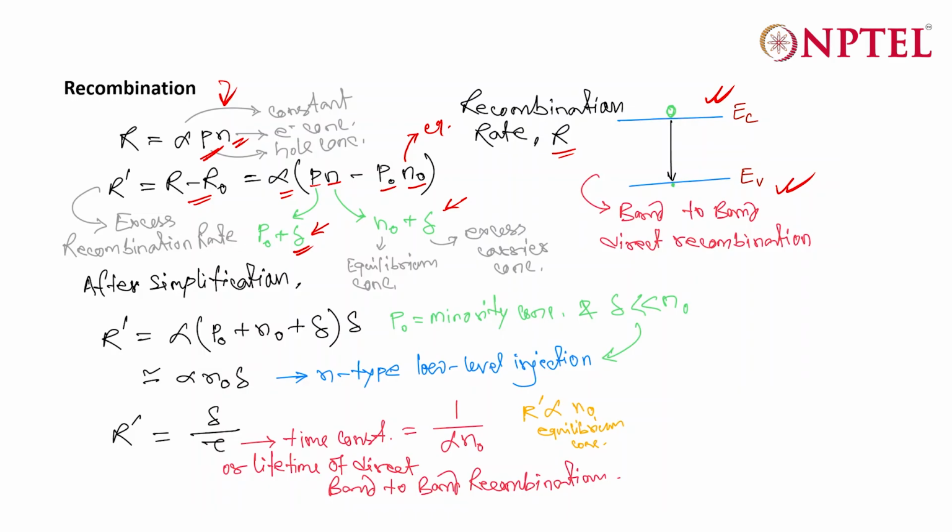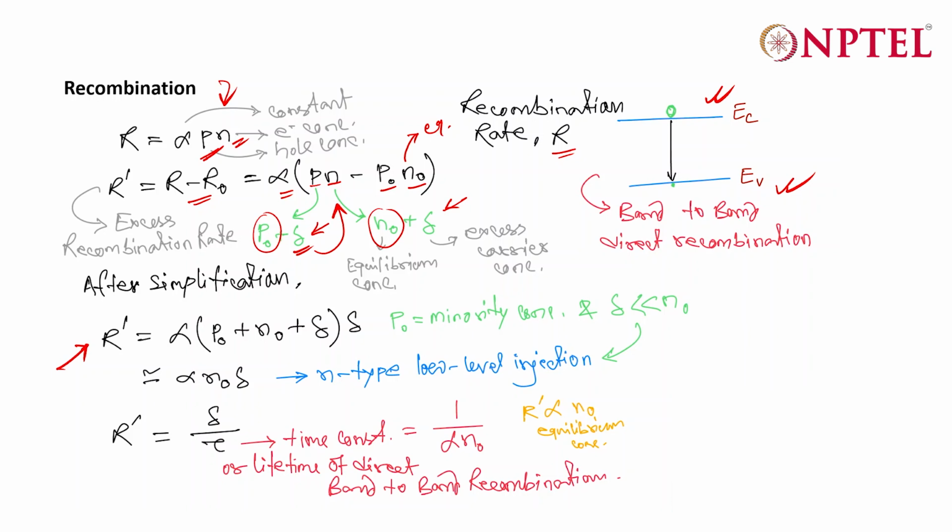So excess carriers generate in pairs. So the number of holes will be the number of electrons as far as the excess carriers are concerned. And this N0 and P0 both are equilibrium concentrations.